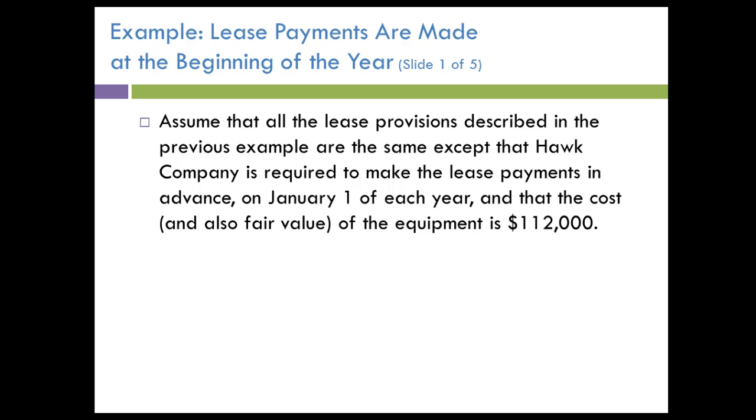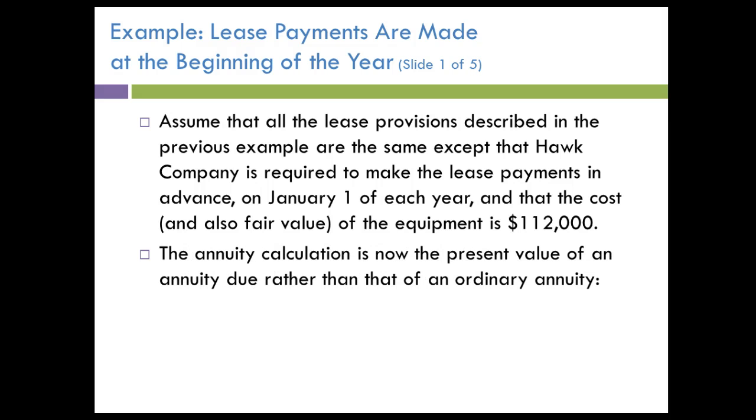So basically, what we're going to do in this respect is look at an example where the lease payments are paid in the beginning of the year. This is going to be similar to the problem I showed you in exercise, I believe, 23 or 22. But the lease provisions described are the same, except the payments happen in advance.